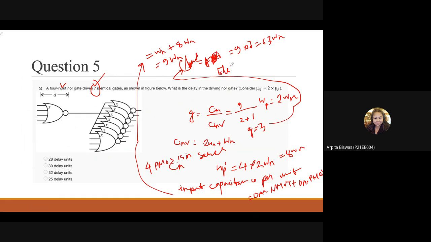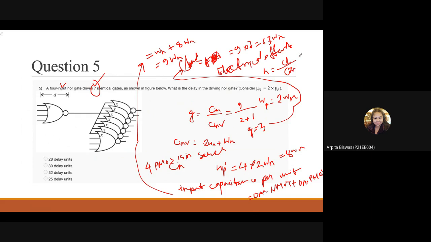Then the electrical effort H, you have to find out the value of H. C load by C in, C load by C inverter.